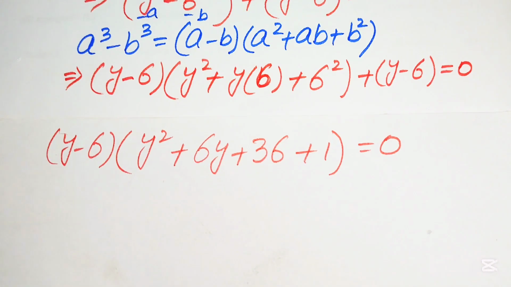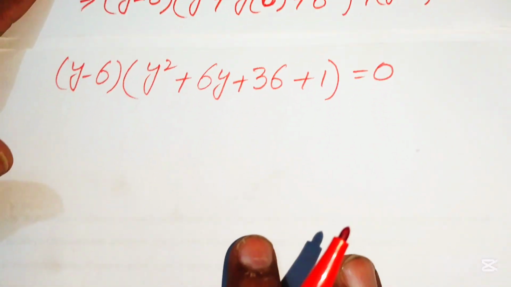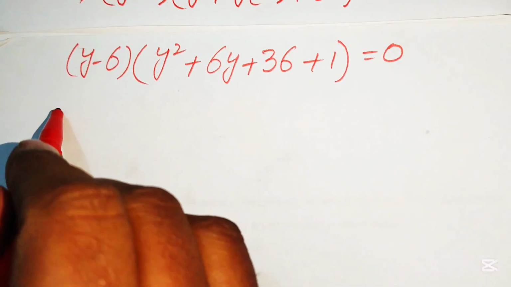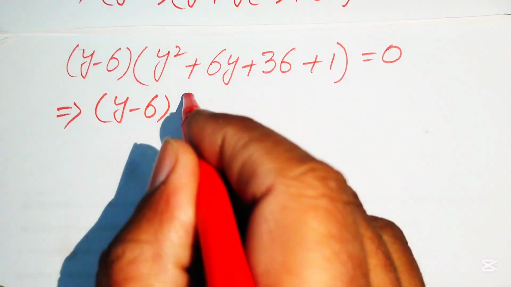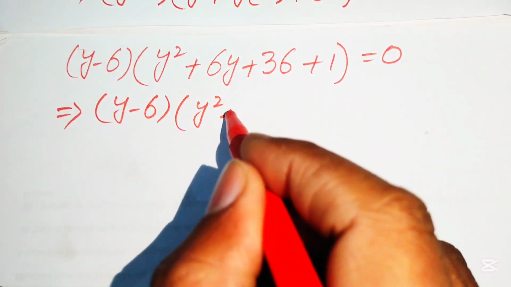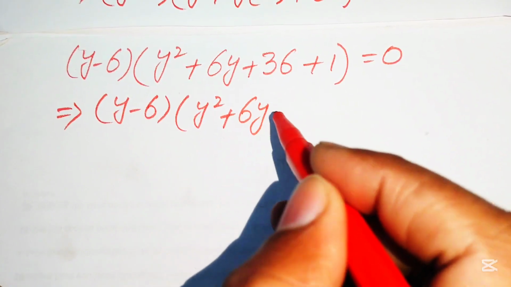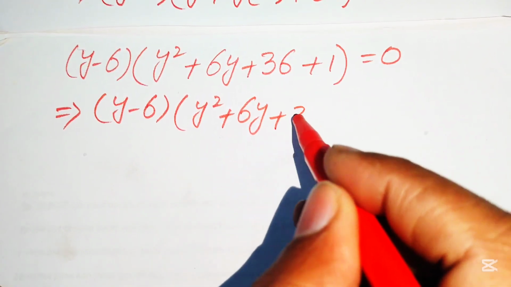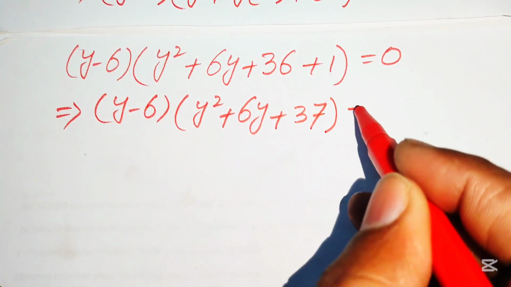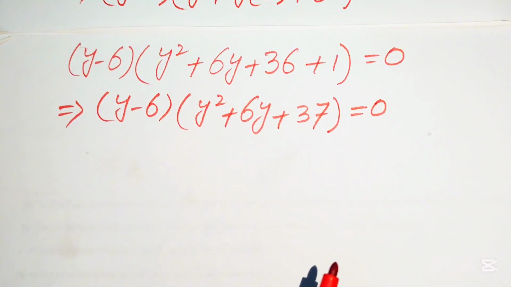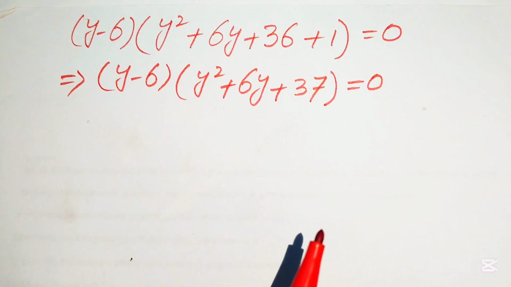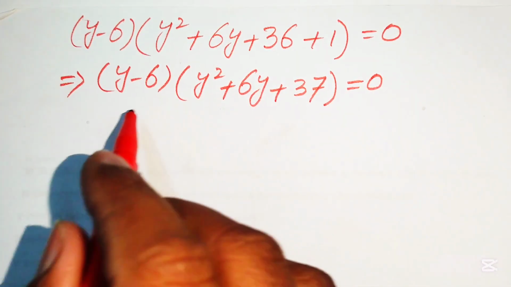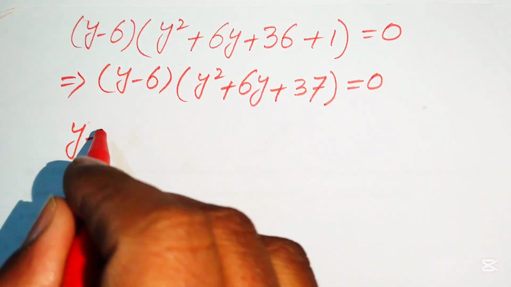Okay, after that we need to add the like terms, so this implies that we have y minus 6 into y square plus 6y plus 36 plus 1, which becomes 37, and this whole thing equals 0.